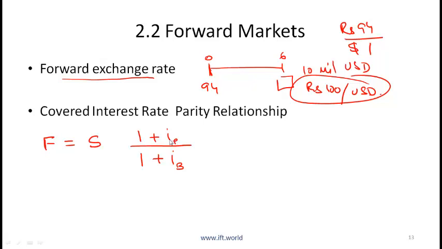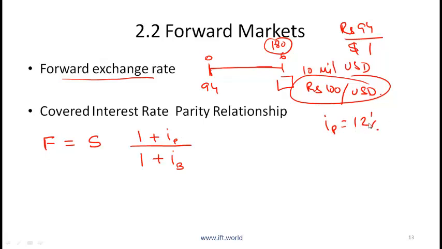The next point is that if the interest rate quoted is on an annualized basis, and that actually is what will normally happen, then you also need to adjust for the number of days. So if this forward contract over here is a 6-month forward contract that corresponds to 180 days, and let's say that the interest rate in the price currency is 12%, so that's the interest rate in Pakistan.